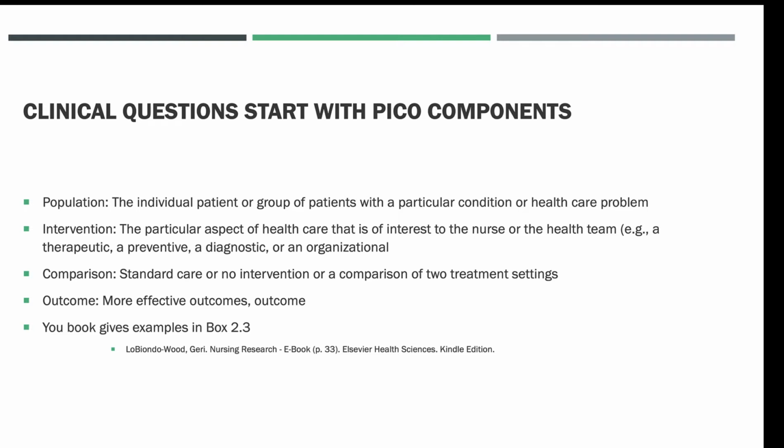The answer is never to do nothing. That's not even an option, in which case you would have comparisons of two treatments or two procedures. A lot of the time in healthcare, no intervention is not an option, especially with patients who are sick.